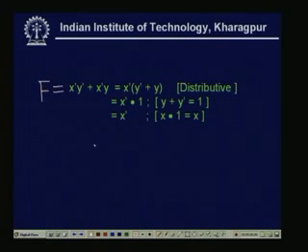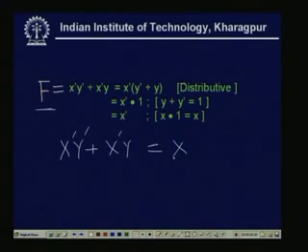Now, we know that y dash plus y equal to 1, from the theorem. Then x dash dot 1 is x dash. So, the expression becomes x dash. So, the function x dash y dash plus x dash y becomes x dash.